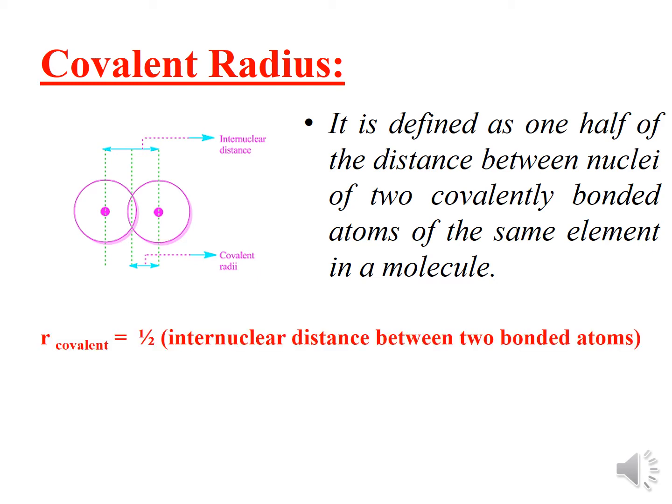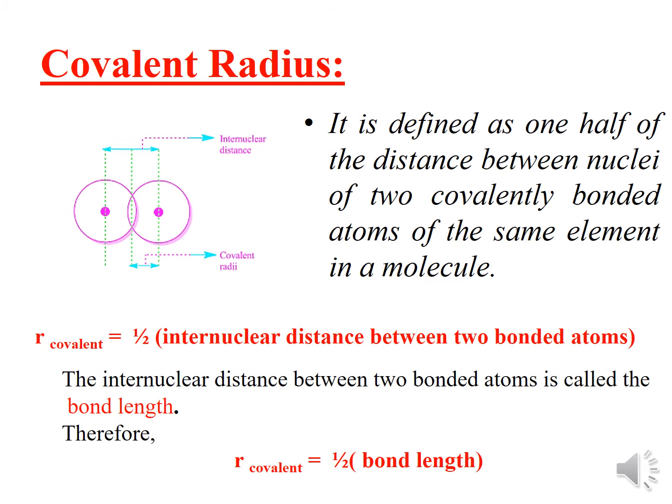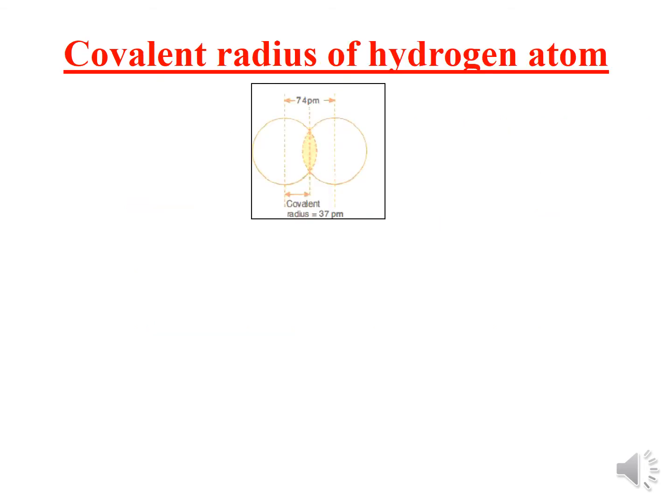So covalent radius is one half of the internuclear distance. This internuclear distance is also known as bond length. So covalent radius can also be defined as one half of the bond length. Next we will find the covalent radius of a hydrogen atom. In this case, two hydrogen atoms are forming a covalent bond.